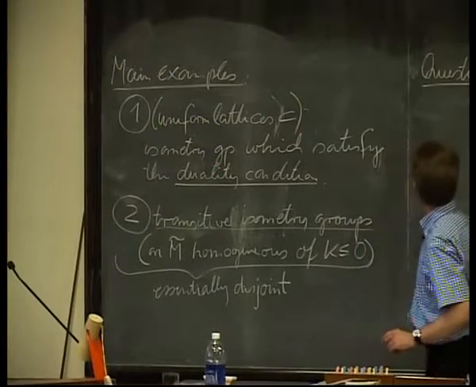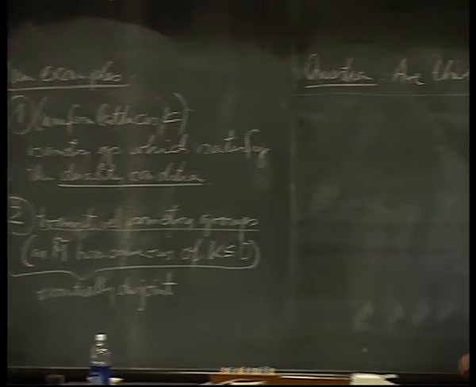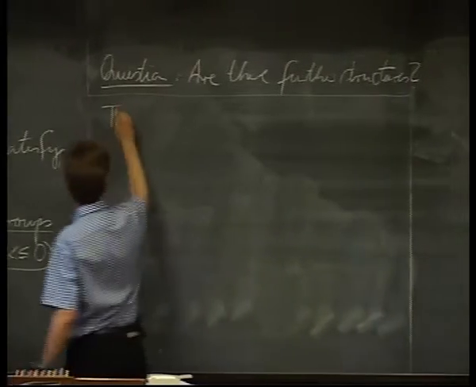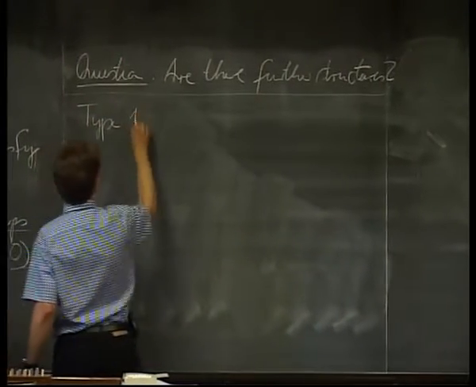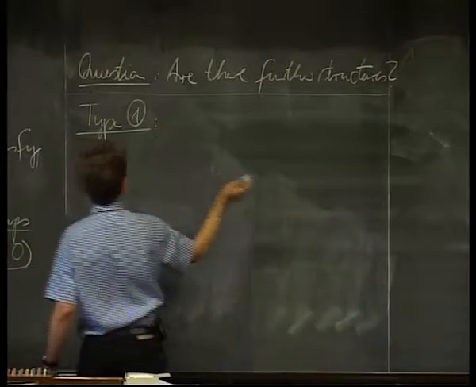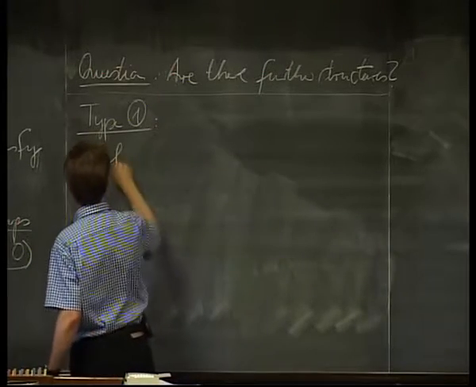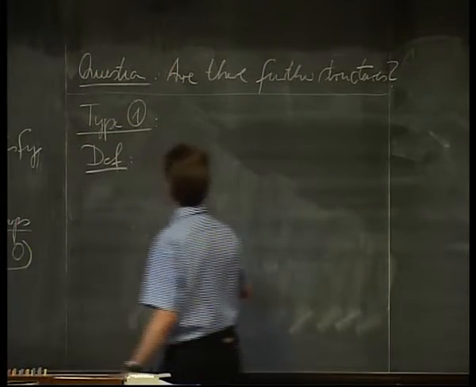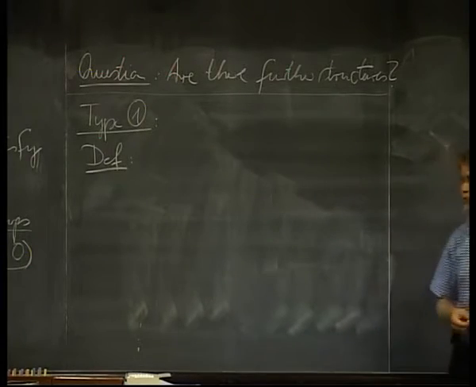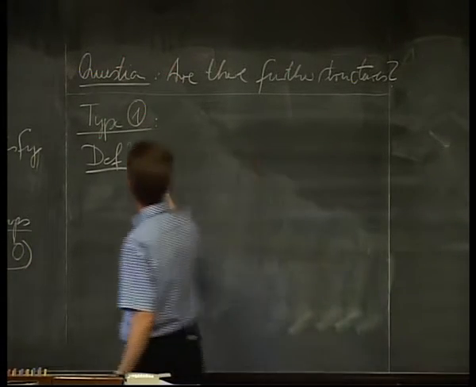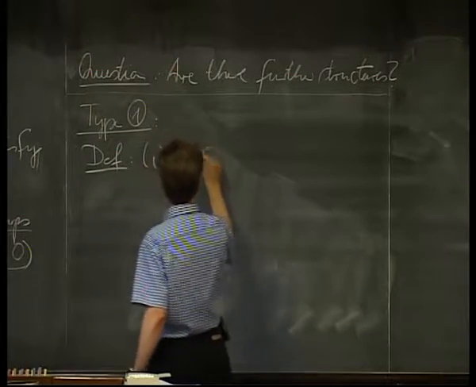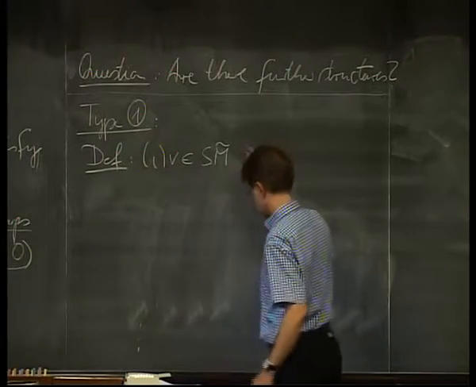So let me start with type 1, the duality condition, which is defined as follows. First of all, I look at a single vector in the unit tangent bundle.